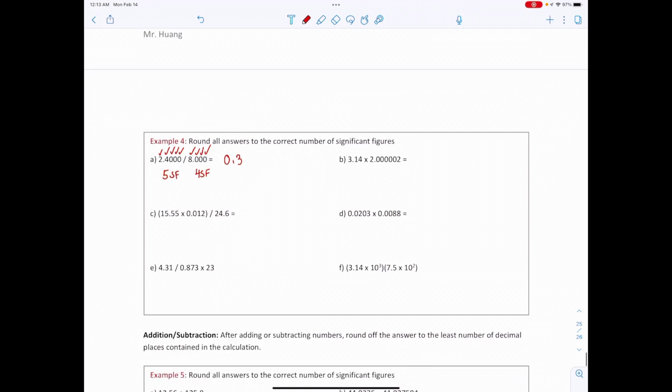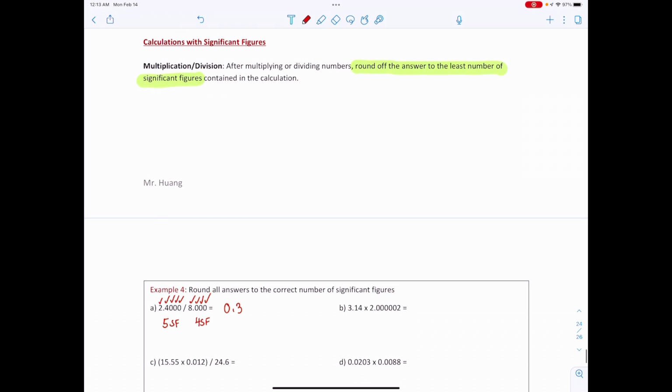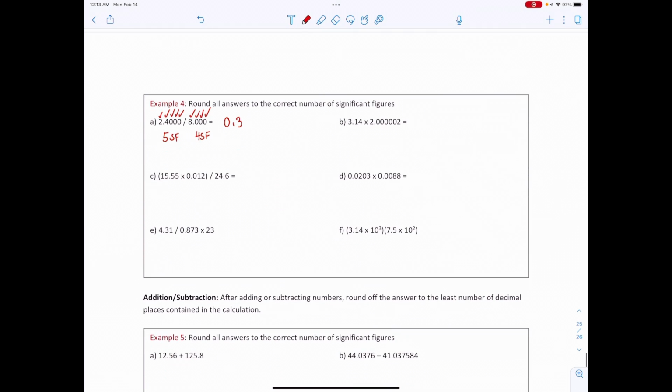The rules tell us that we round off the answer to the least number of significant figures contained in the calculation. The 8.000 has 4 significant figures, which means my answer needs 4 significant figures. Right now, it only has 1 with the 3, so I'm going to put zeros at the back to ensure that it has 4 significant figures.